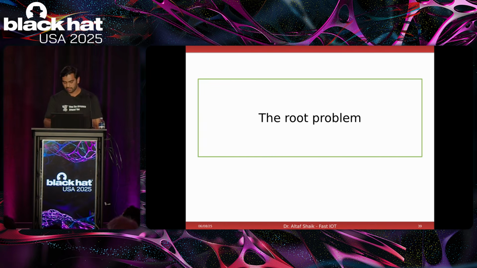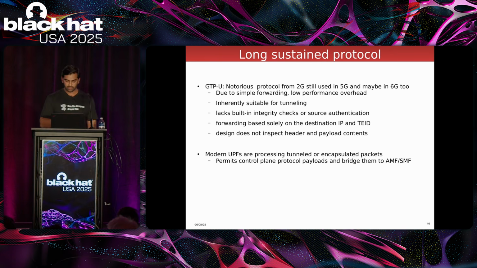So, coming back to the root problem: the root problem is the processing of tunneled packets. GTP is a very efficient protocol for packet forwarding. It has been used in 2G, 3G, 4G and 5G as well.